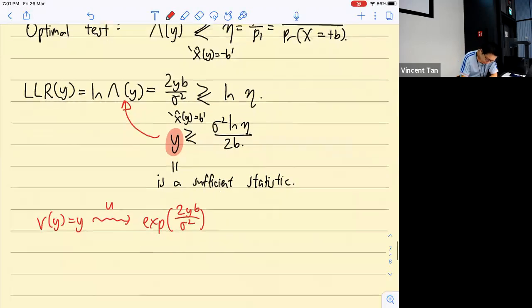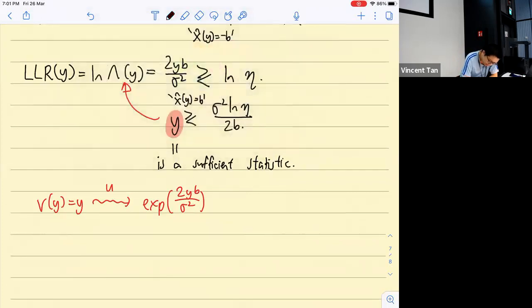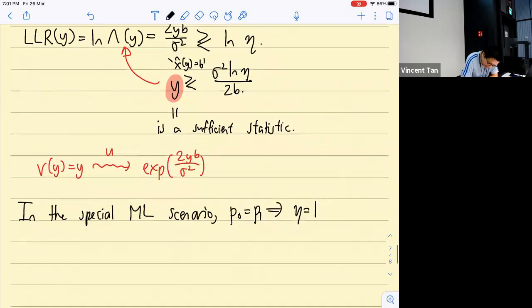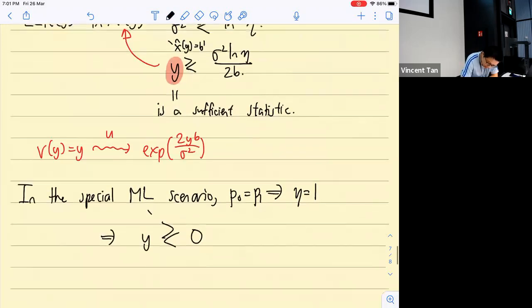Okay. So in the very special case, the maximum likelihood scenario, our p0 is equal to p1, which implies that eta is equal to 1, which means that the above reduces to y compared to 0, because ln eta is equal to 0.